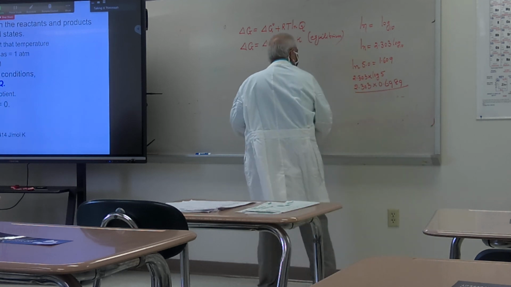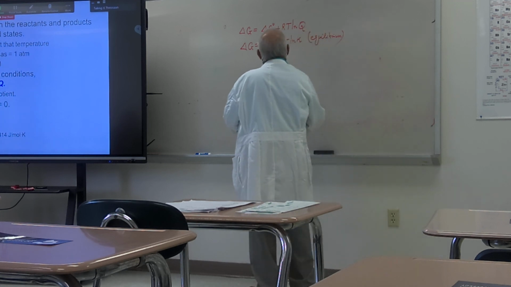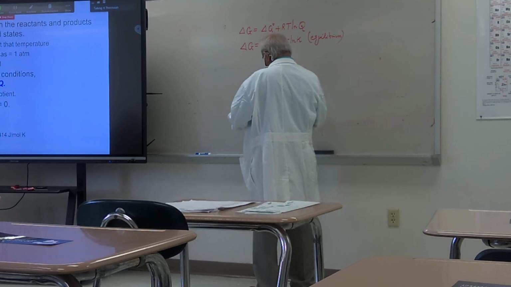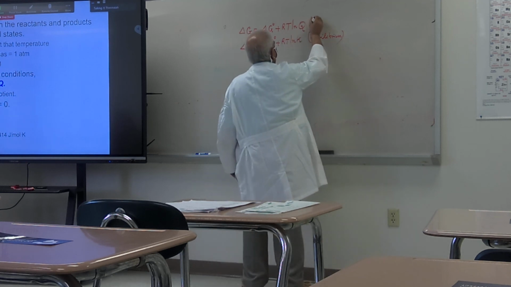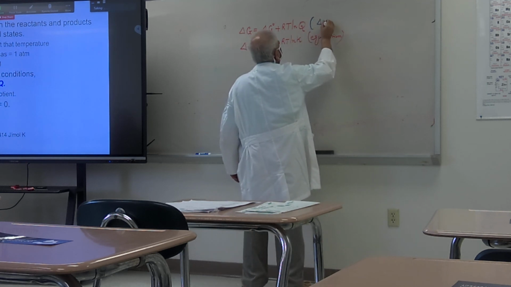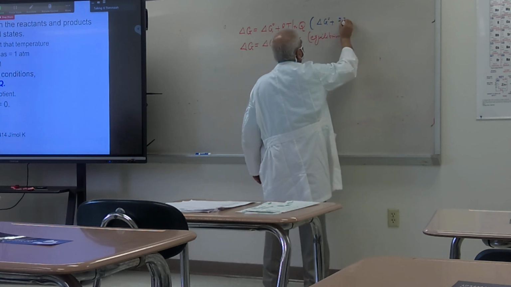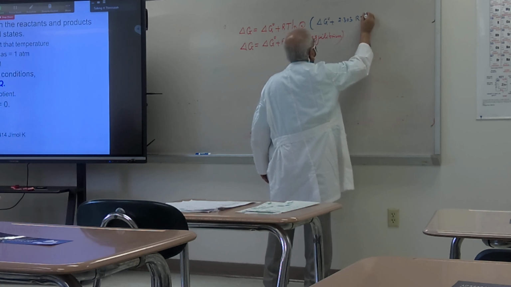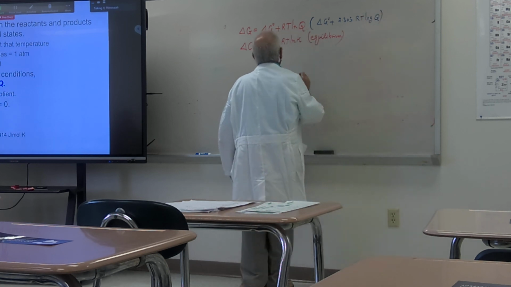Okay? Now what I do here is, this you can write as delta G0 plus 2.303 RT log Q here, got it?